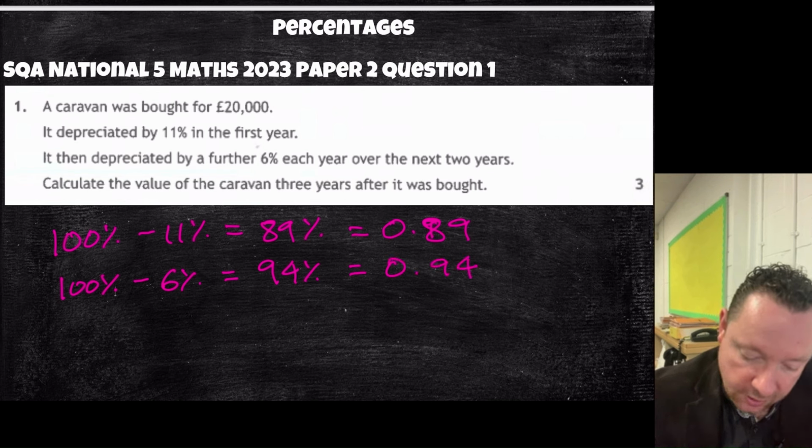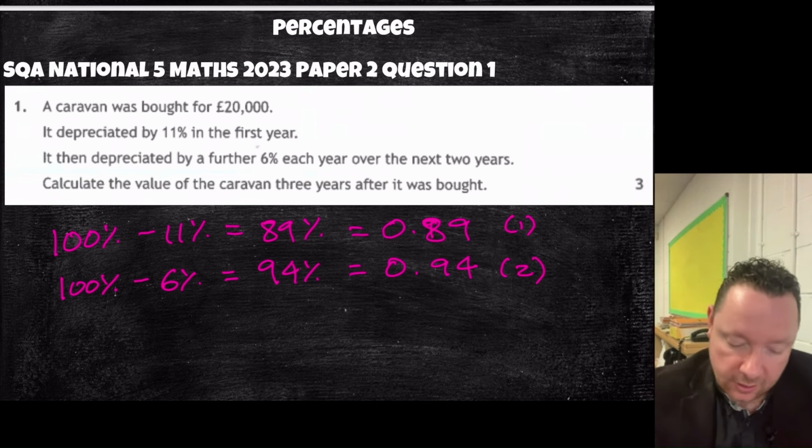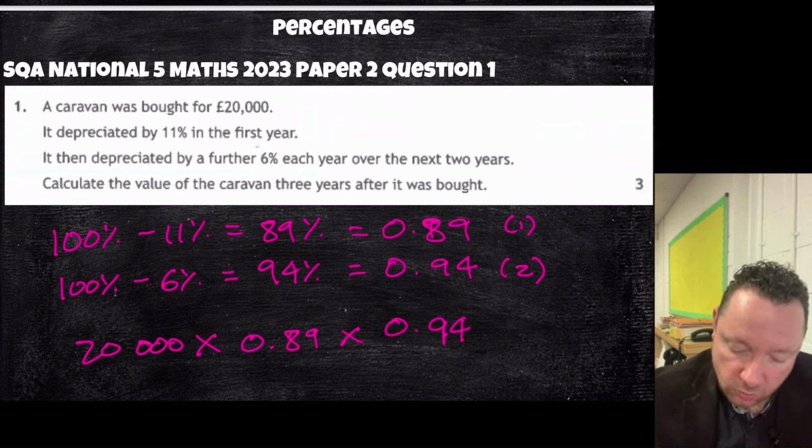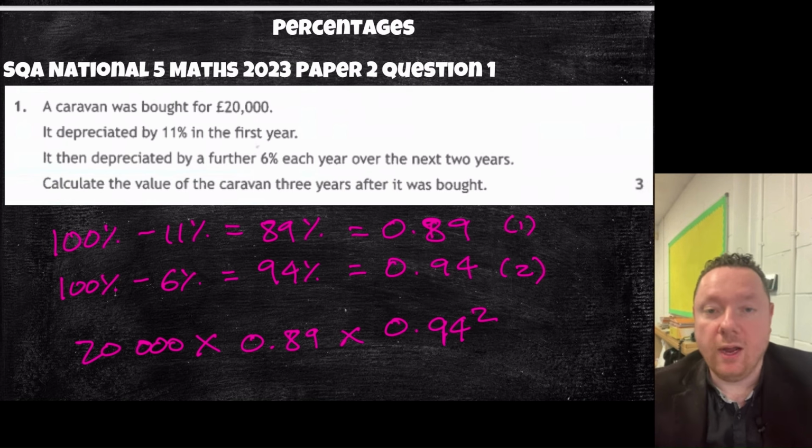And I can take a note for myself that that's the first year, so that's 1, and then that's the next 2 years, so that's 2. So then we start with our money, £20,000, times the first multiplier, 0.89, times the next multiplier, 0.94. But one of them's got a power. The first one's just 1 year, so it's just power of 1. The next one is 2 years, so it's the power of 2.